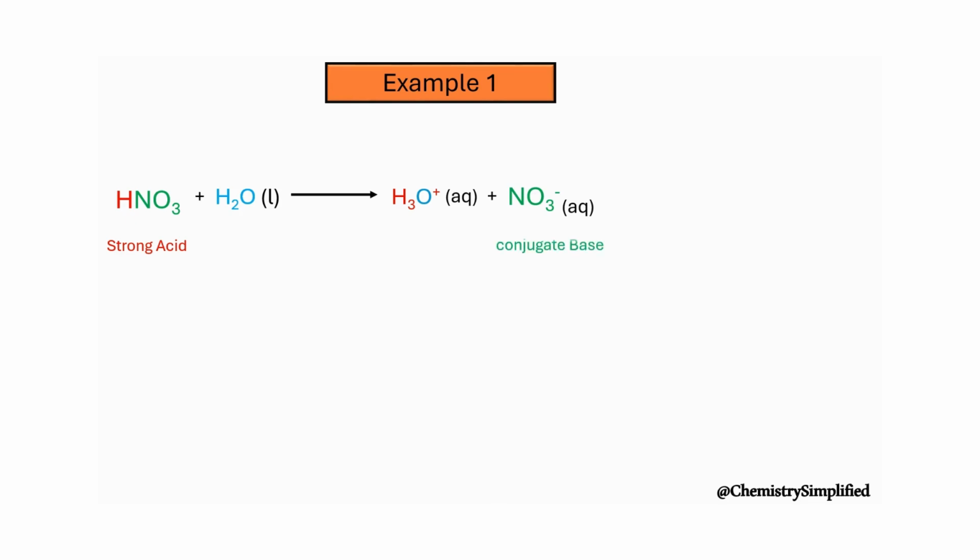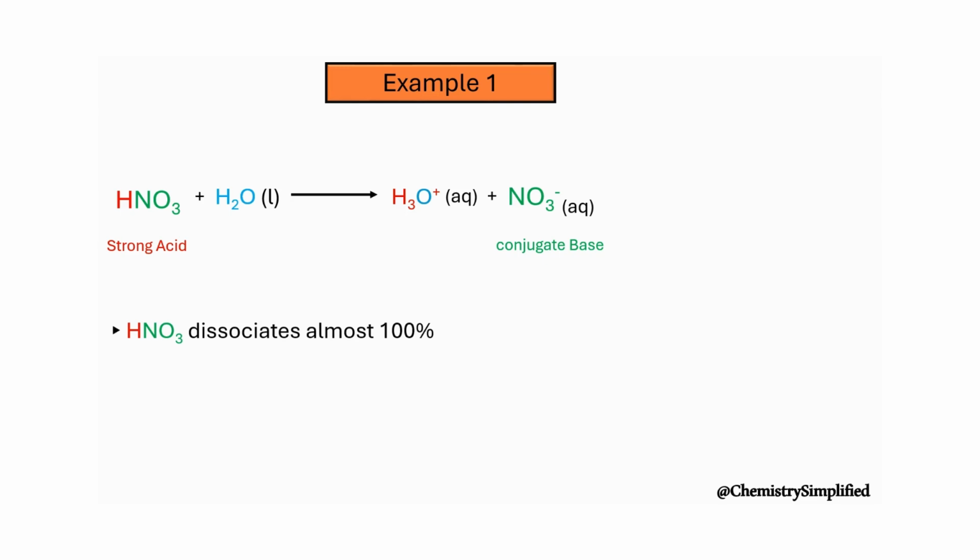Let's look at an example. Let's say we have nitric acid, which is a strong acid. If that was to dissolve in water, it would dissociate completely to produce hydronium ion and nitrate ion. That would be the conjugate base of that acid.